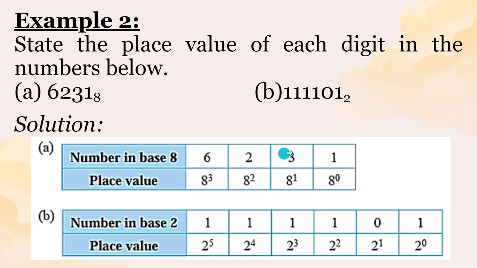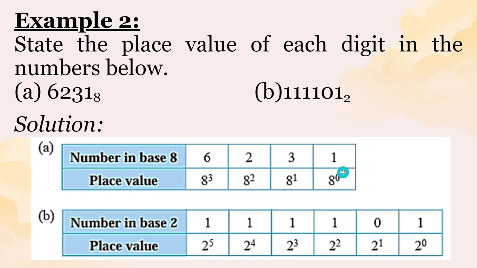We write down the number 6231, and then we write down the place values. First, write down the base, which is 8, from this box until this box.